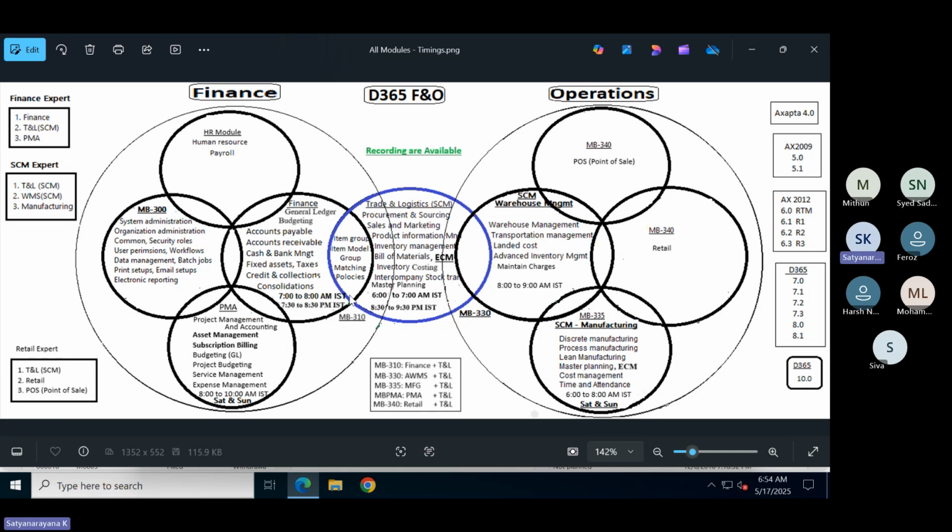But if you don't know anything and want to become a manufacturing consultant, that is very rare. Here, suppose out of 100 requirements, around 60% will be finance. Around 35% is trade and logistics or SCM, supply chain management.